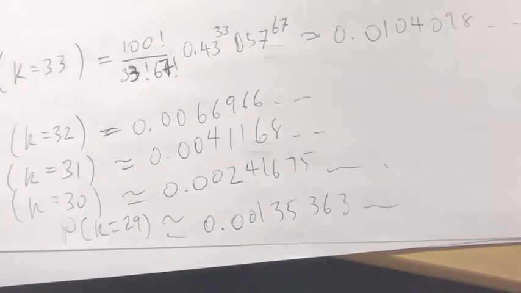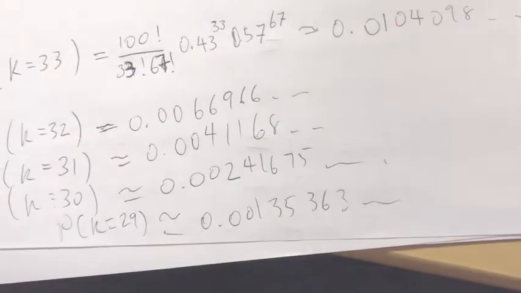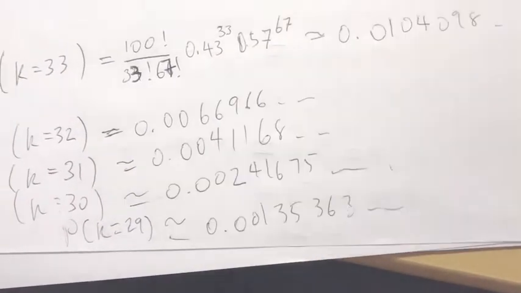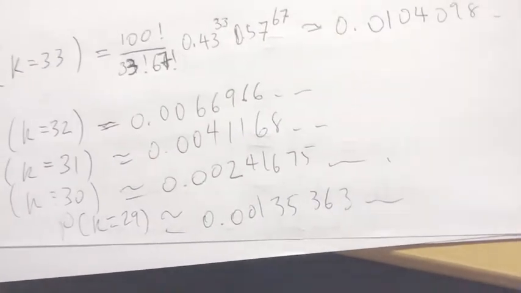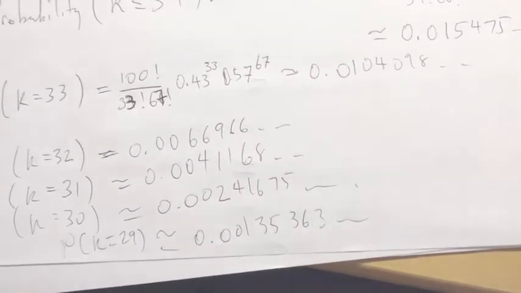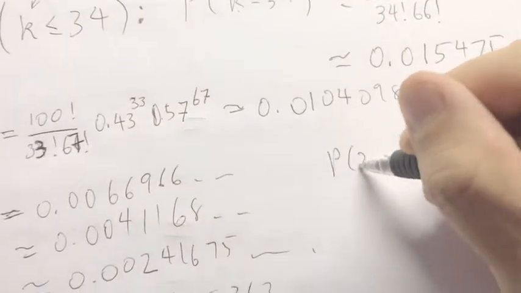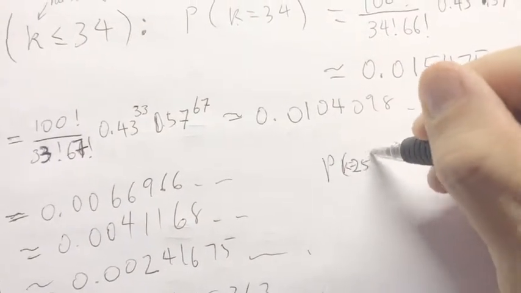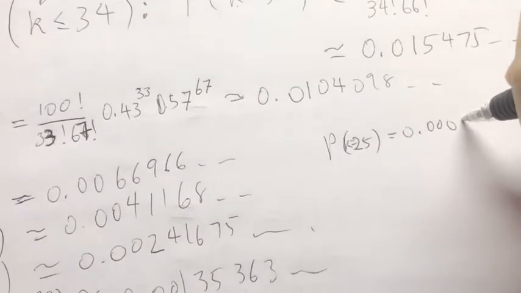We'll go to 25. 75. So you get something like this. So P of 25 is 0.0000, it's 4 zeros and an 8.